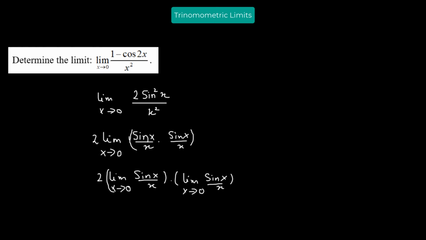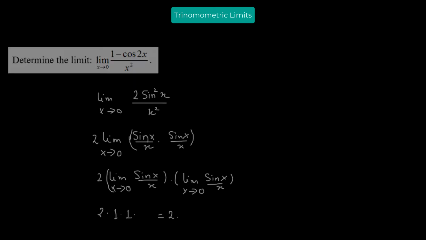So by definition, the limiting value of sine x over x when x tends to 0 is 1. So we have 2 multiplied to 1 multiplied to 1, and that gives us the limiting value of 2. Let us do another problem.